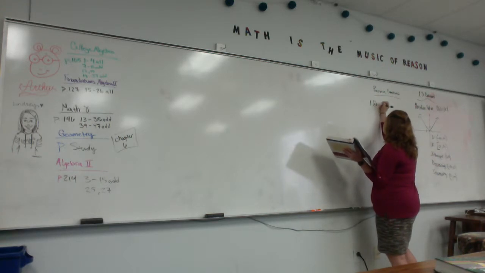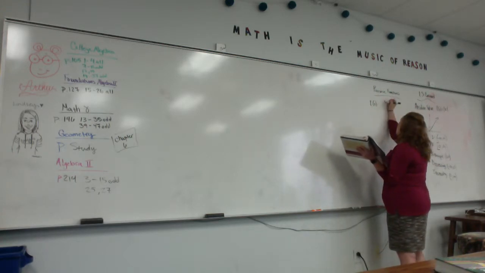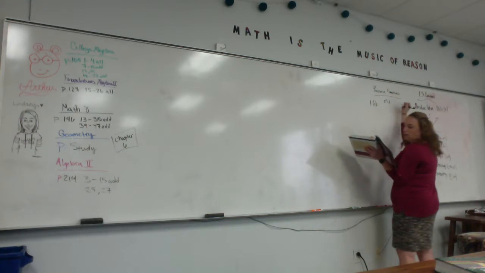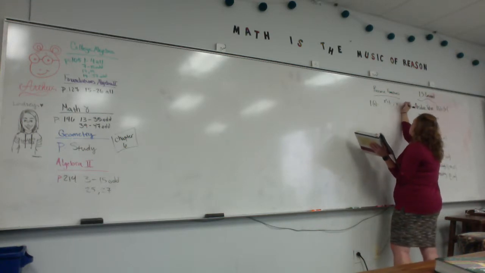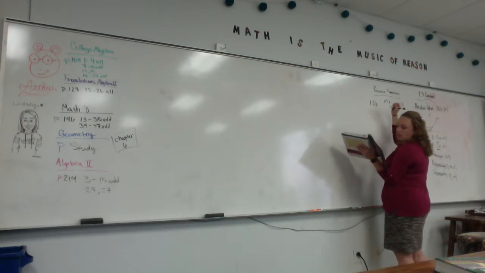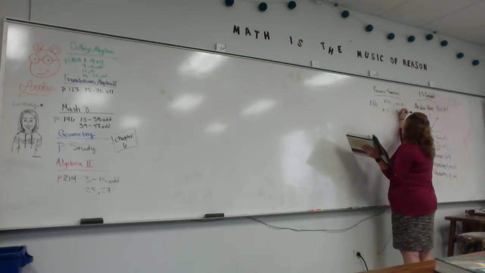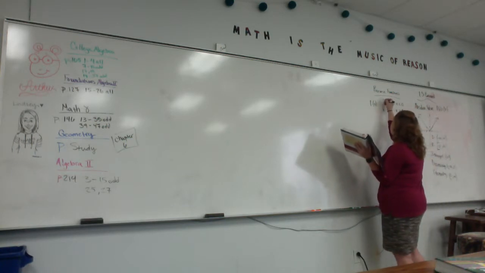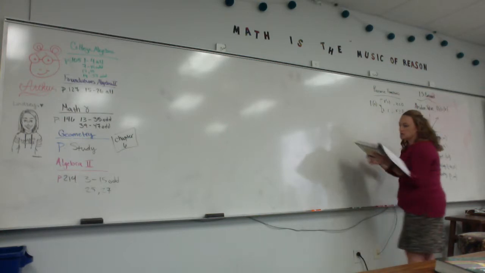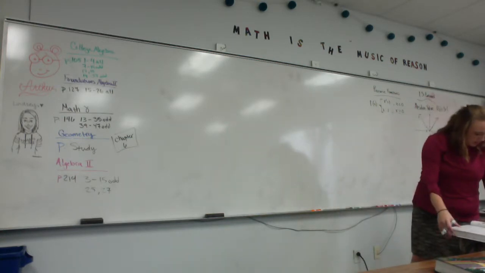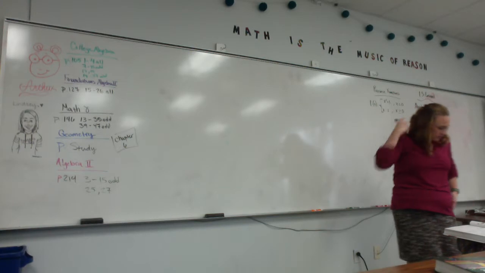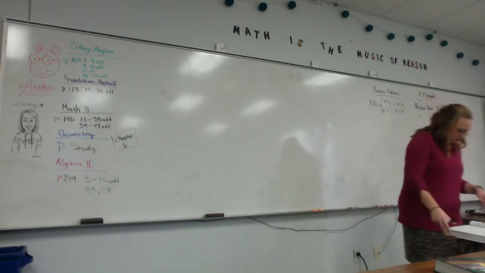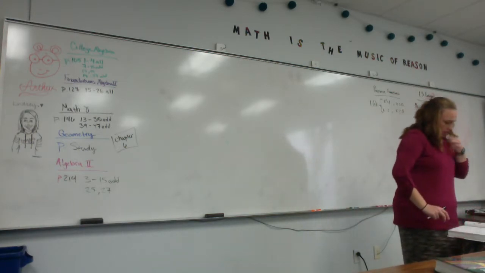So f of x equals x squared plus 1, x is less than 0, and x minus 1, x is greater than or equal to 0. These are considered piecewise functions. When you graph it, you're going to get two different styles of graphs on one graph in your graphing calculator.